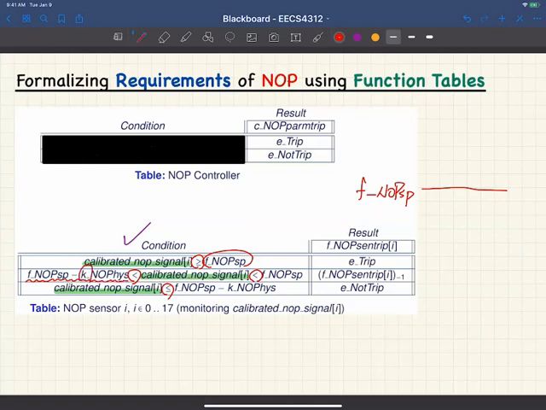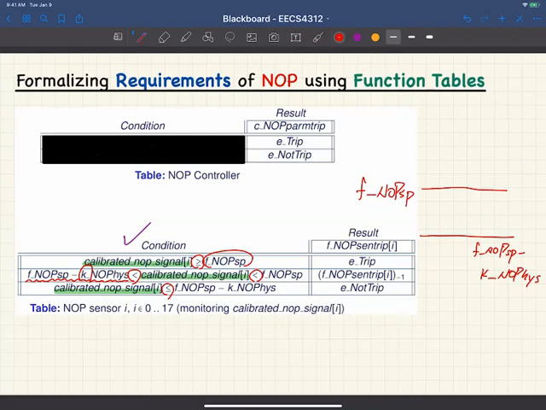Then another quantity is FNOP set points minus the constant NOP HYS, where HYS stands for hysteresis. Jonathan will give you a more complicated example when he comes back. I'll just do a very simple one. We got these two quantities.